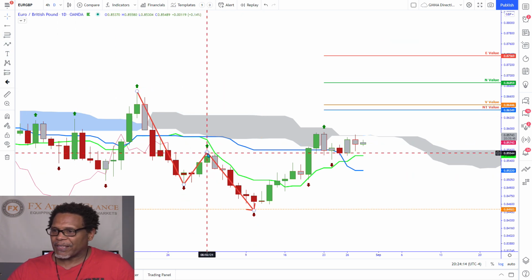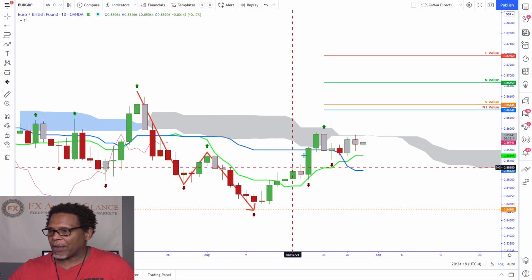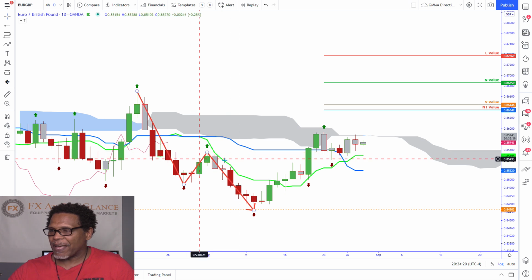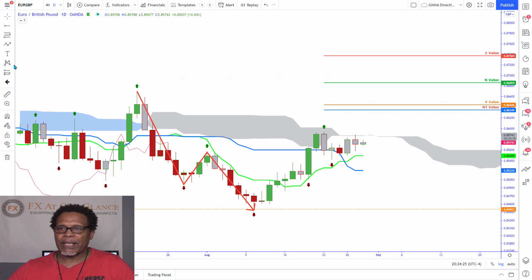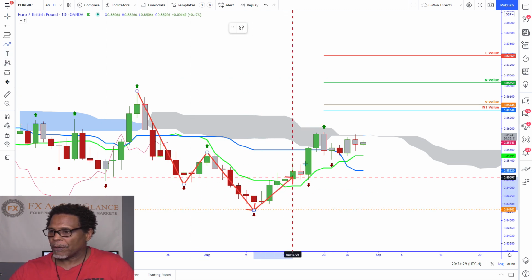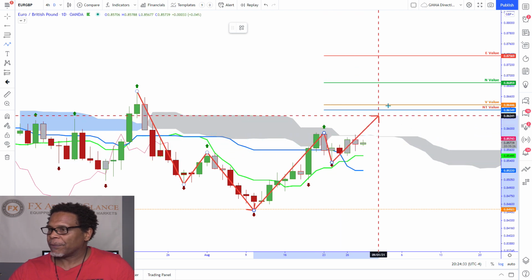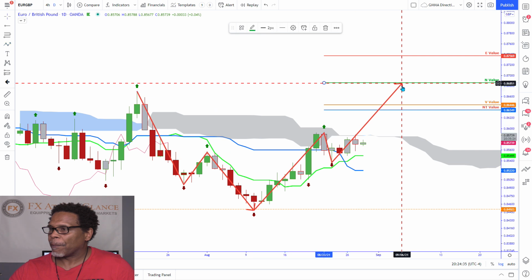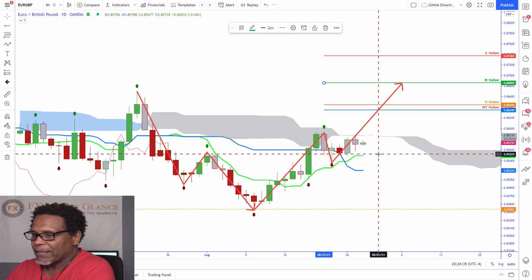So that would be this level. The market would have to come down and then back up and retrace, but not break this level. But since it broke this level, now we're looking at a possible reversal, because now you're going 1, 2, and now you're at 3, and then shooting for your 4. So that's how we see the reversal taking place.